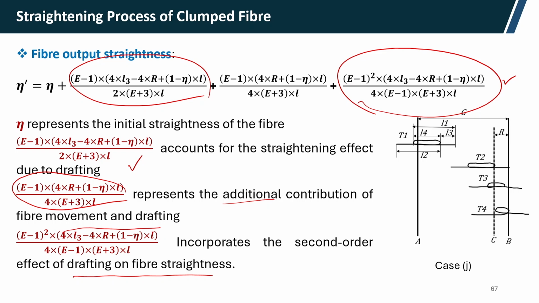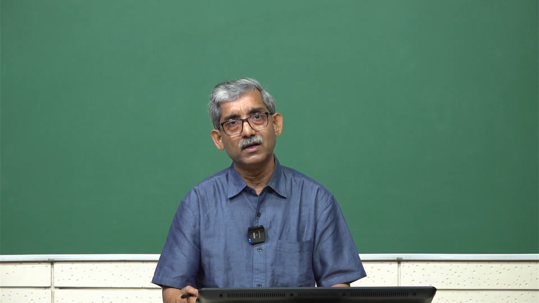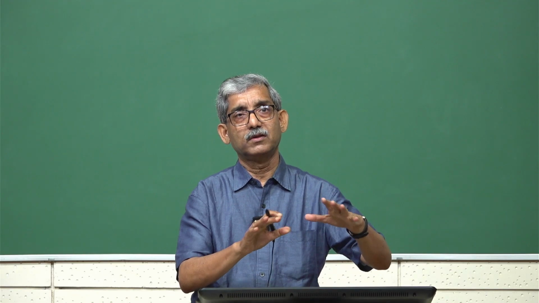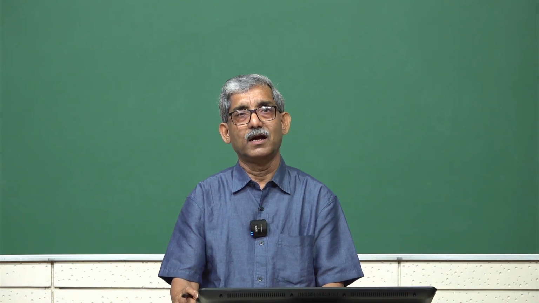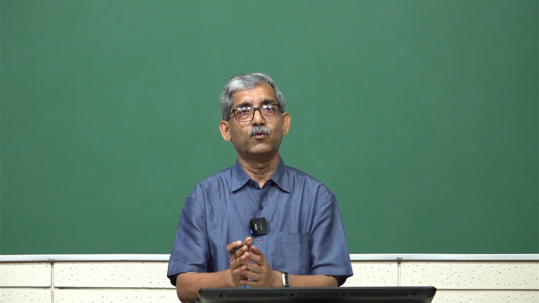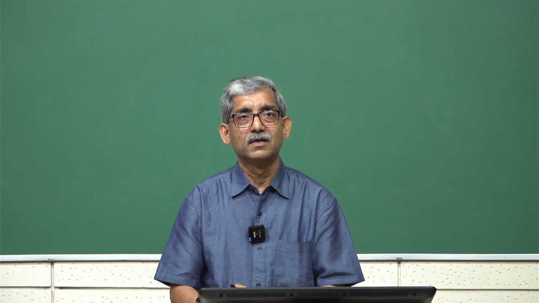So, we have seen that we can approach the fibre straightening, that is, fibre hook removal, with all these different assumptions, and we can simplify if we want, but this discussion is just to give some light on how to approach this.